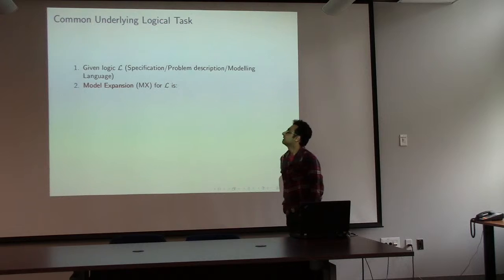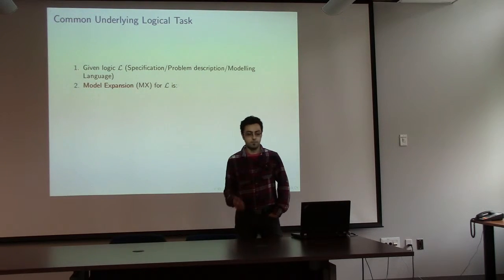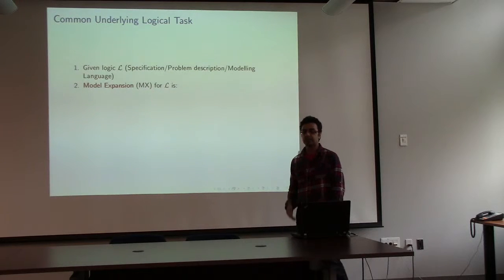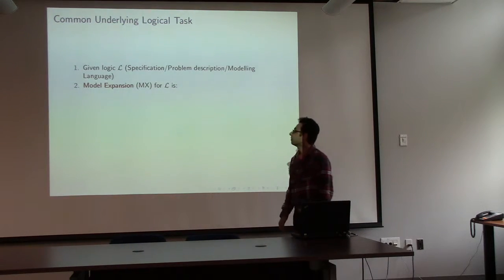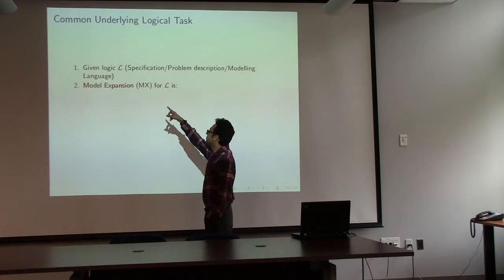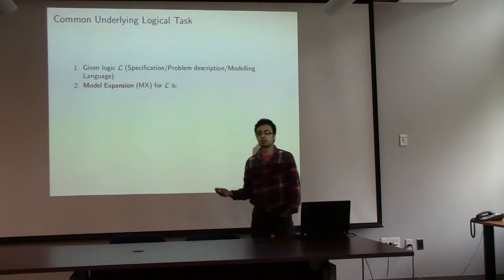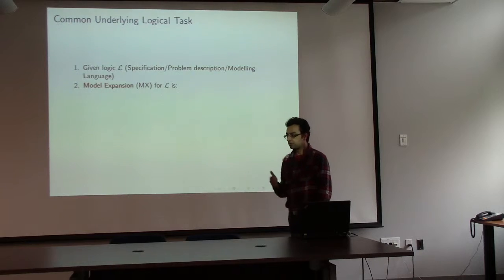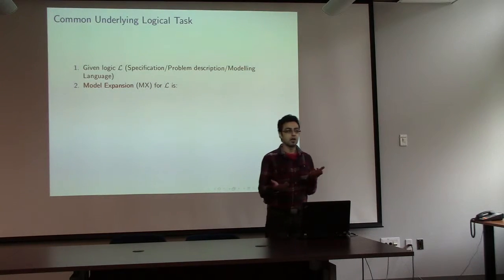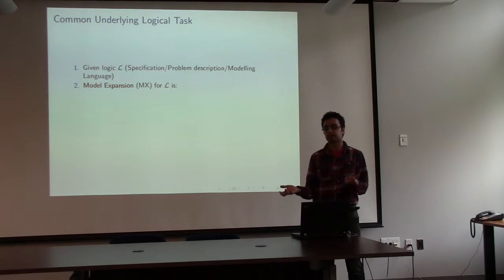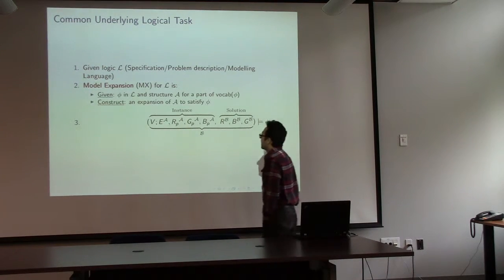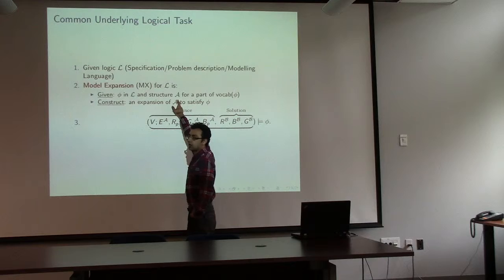If you look at this in a logic context, it can be seen as a model expansion problem. Let's say we have a logic or a language in which we describe our problem. We tell our system the relation between our solution and our instance, and we pass a structure, which is our instance.